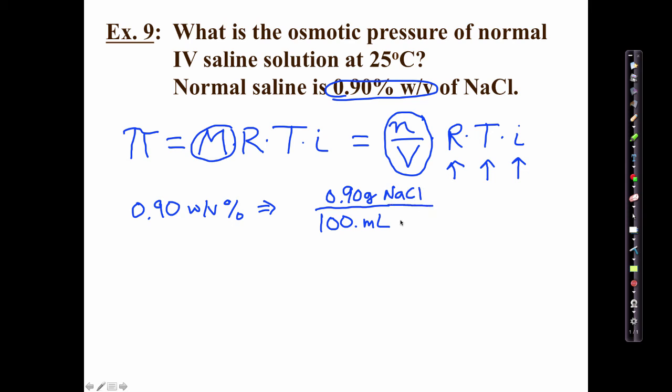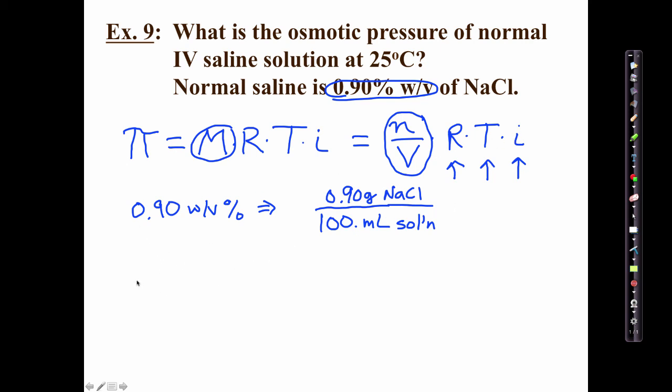So 0.9 grams of NaCl in 100 milliliters of solution. Percent means out of 100, so we have 0.9 on the basis of grams, out of 100 on the basis of volume in milliliters. And so basically what we're going to have to do then is to convert the grams into moles and the volume, milliliters, into liters. And that should be fairly straightforward to do.